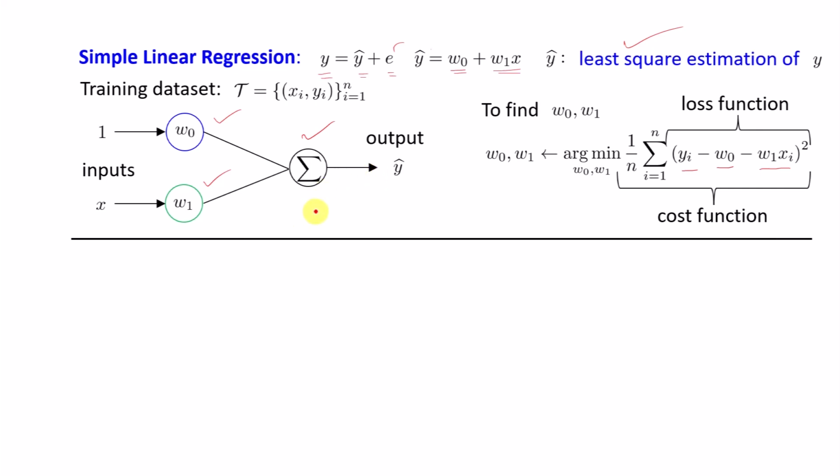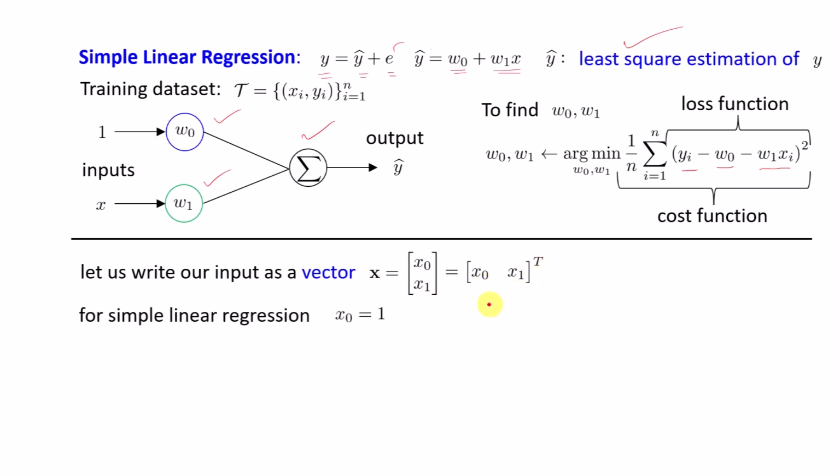Now let us look into this problem slightly differently. Let us take our input, which is what we see here, 1 and x, two inputs. We can treat them as a vector which has two components, x0 and x1. Usually vectors, unless specified otherwise, are treated as column vectors. So I can write it as a column vector, or I can write it as a row vector, x0, x1 transpose.